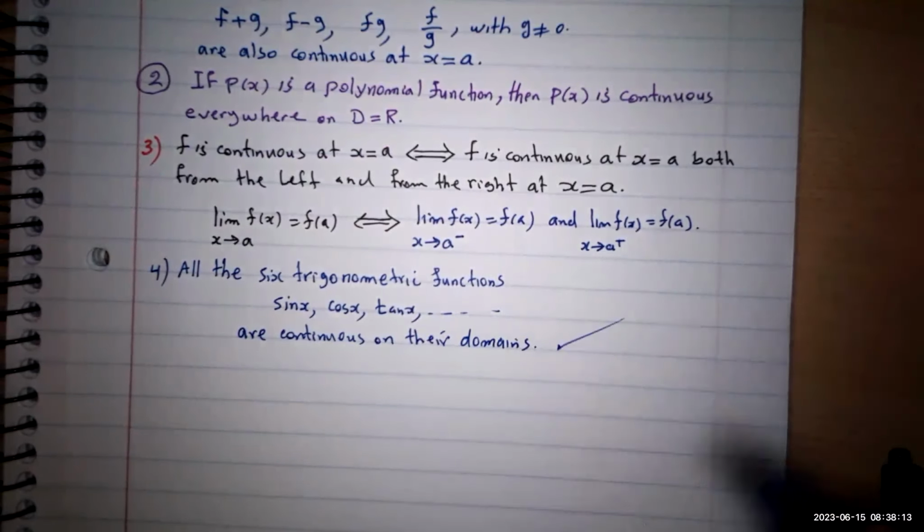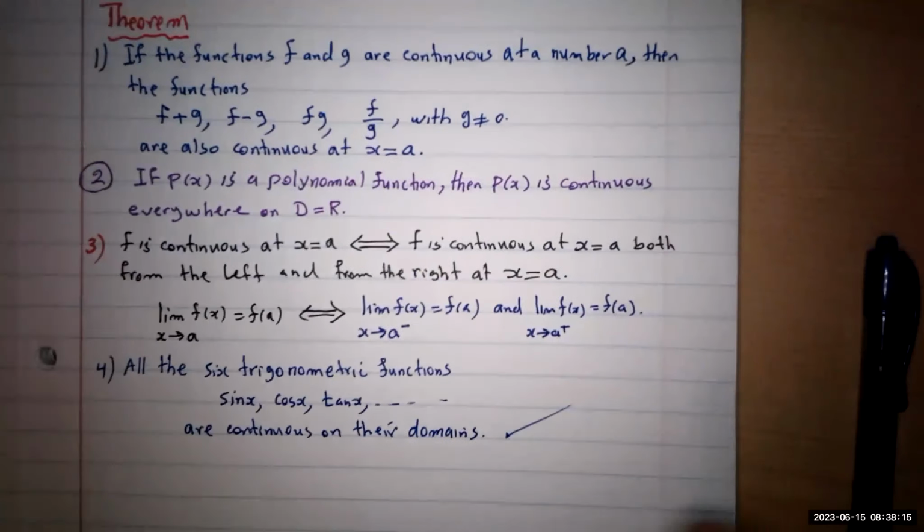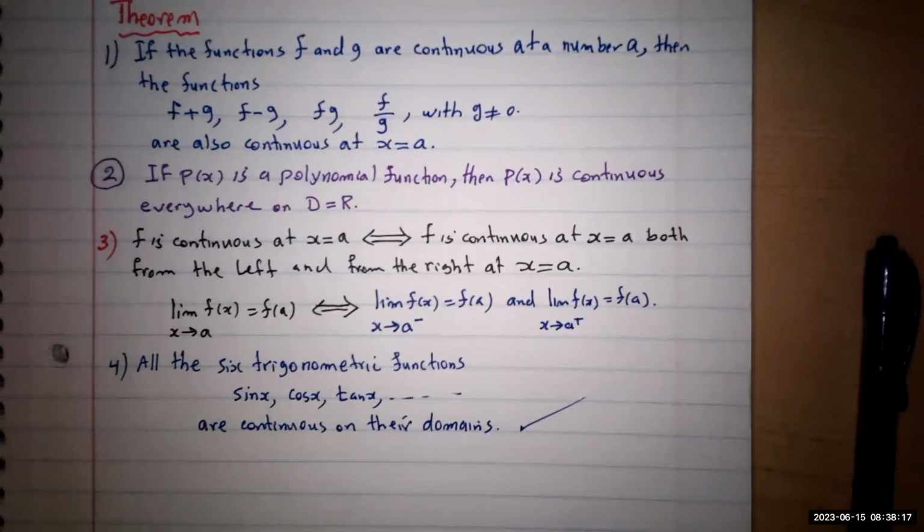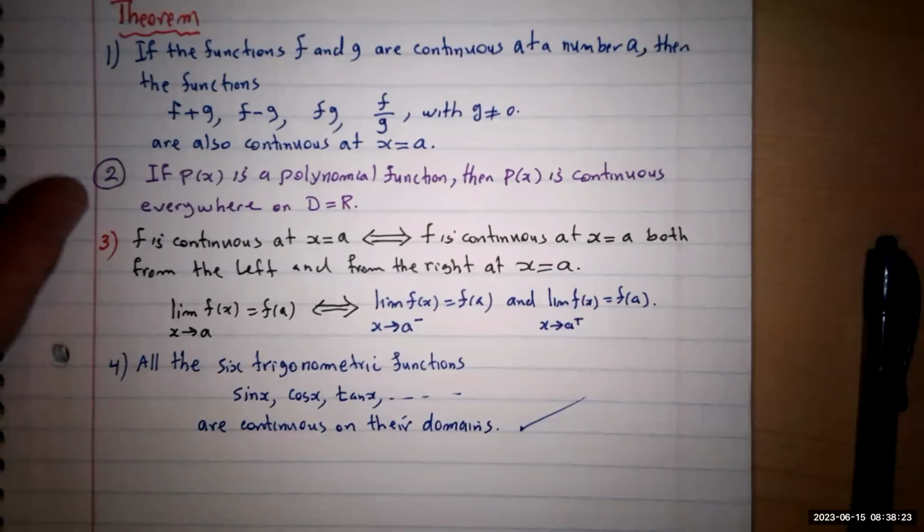So that's it. This is all the result that we need to be able to take care of the continuity of functions. The main one again, as you did for the limits, is polynomials. Polynomials are continuous forever. Then you may have a combination of continuous ones, and you take care of it right away. Any question? We don't need anything else for continuity.